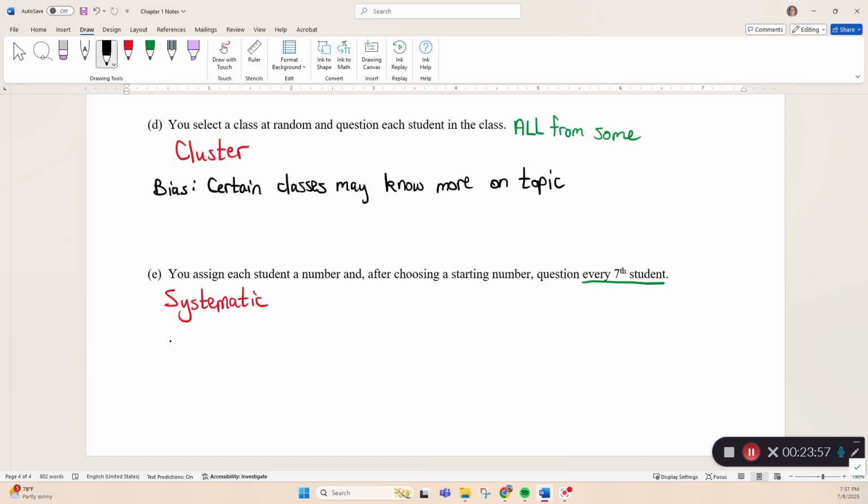Okay, so let's talk about a bias. The main bias on systematic is if a pattern is noticeable, bias could be introduced.